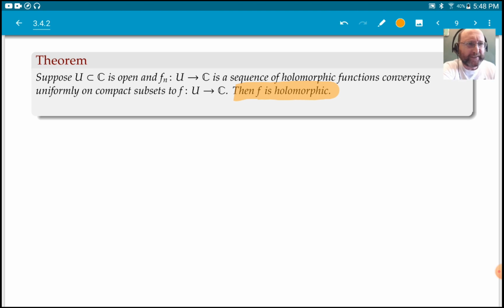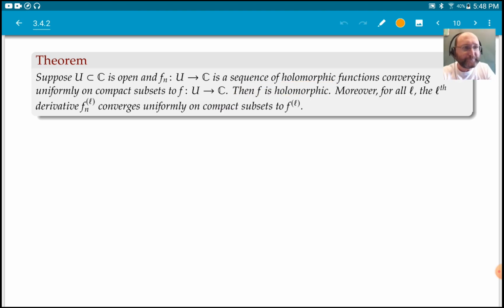It is sort of the right notion of convergence, but actually we get more. It's really the right notion of convergence, because what we get is that for every natural number L, so 1, 2, 3, 4, 5, etc., the Lth derivative, which we denote by f sub n to the L in parentheses, converges uniformly on compact subsets, and not just to anything, it converges to the Lth derivative of f.